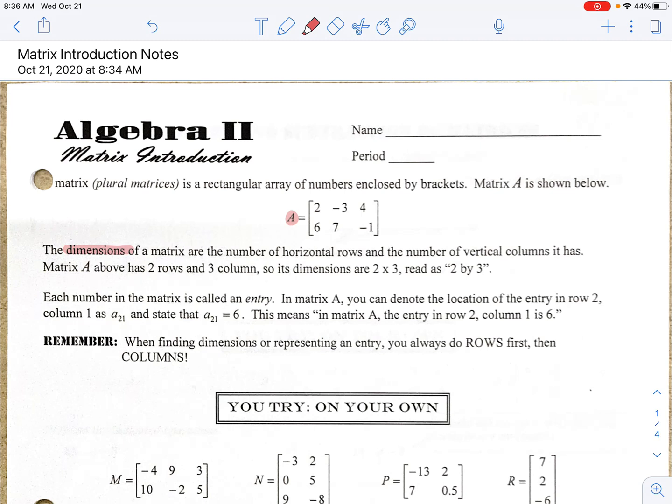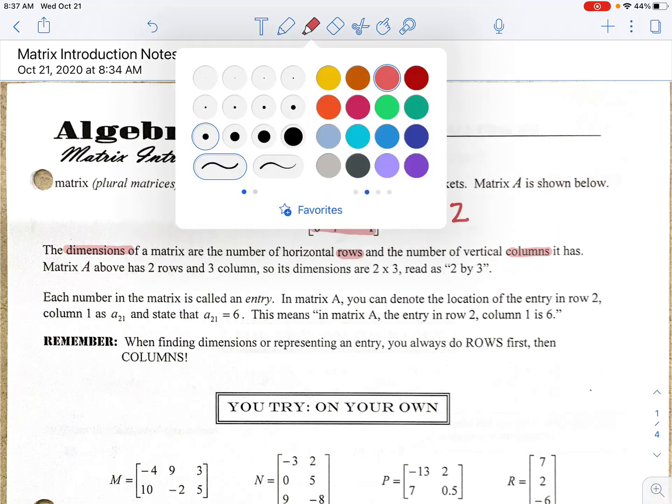The dimensions, this is the first thing you're going to go over. The dimensions of the matrix are the number of horizontal rows by the number of vertical columns it has. So for matrix A, I'm looking for how many rows it has. It looks like it has 1, 2, so that's 2 rows.